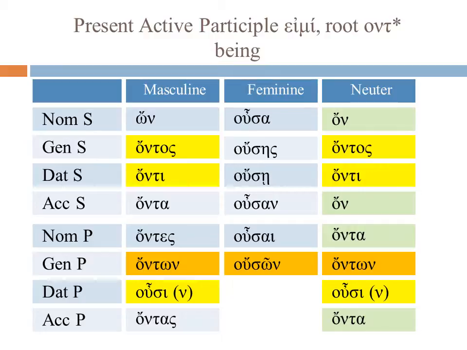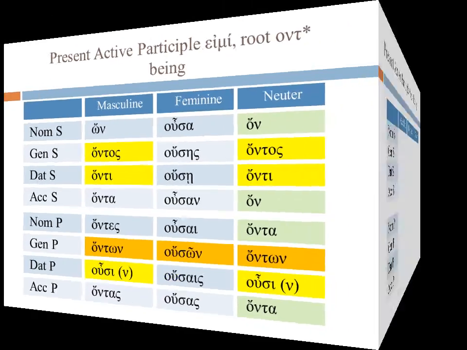The genitive plural for the masculine is ont, on, and that's the same as the neuter, ont, on. But in the feminine, because the stem is ousa, it is ous, on. Ousais is the dative, and ousas is the feminine accusative.